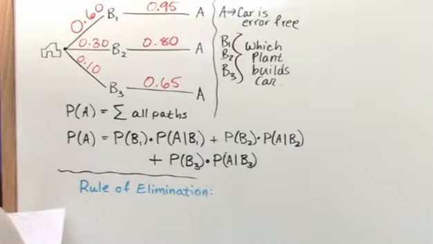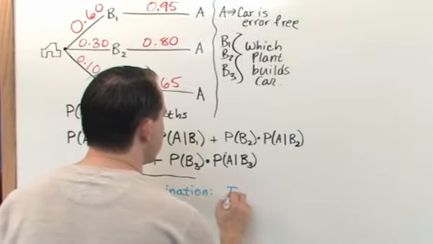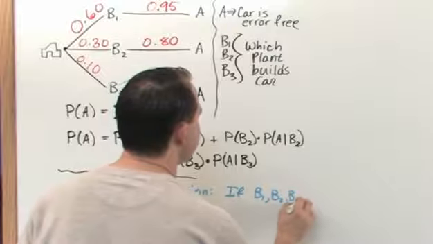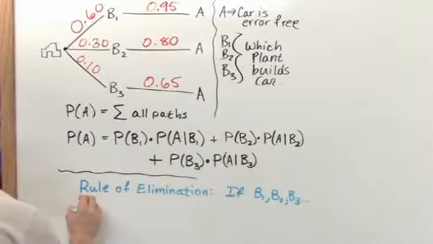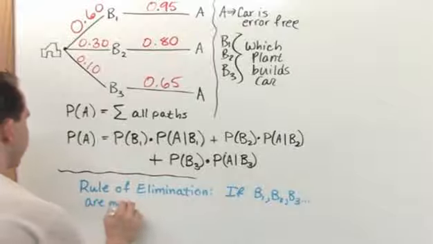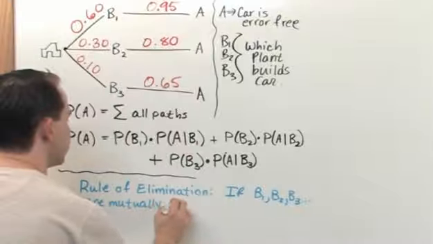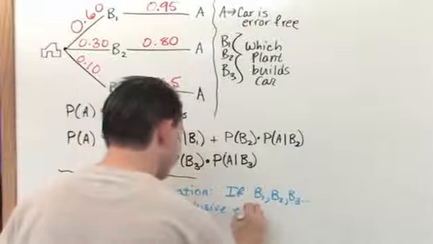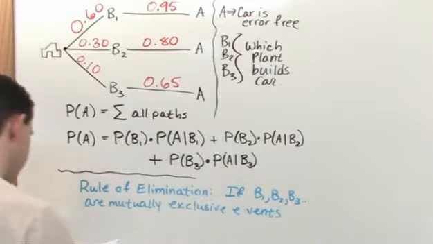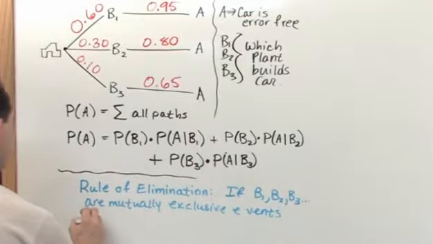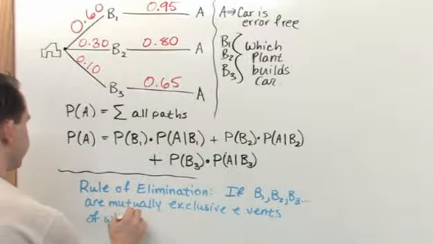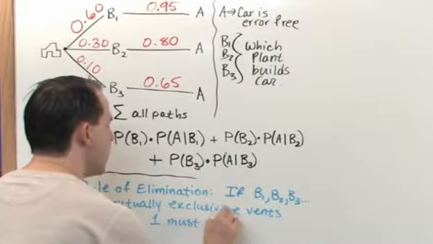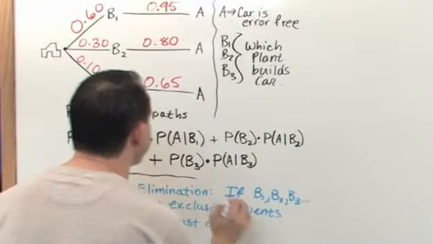Basically, if B1, B2, B3, and so on are mutually exclusive events, of which one must occur, and by the way, we always know that's true because there are 3 paths.